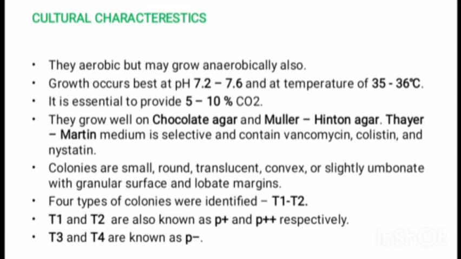And according to Neisseria gonorrhoeae, 4 types of colonies have been recognized. They are named as T1, T2, T3, and T4. Among them, T1 and T2 form small brown colored colonies. And the strains that form T1 and T2 type colonies are piliated and auto-agglutinable as well as virulent.